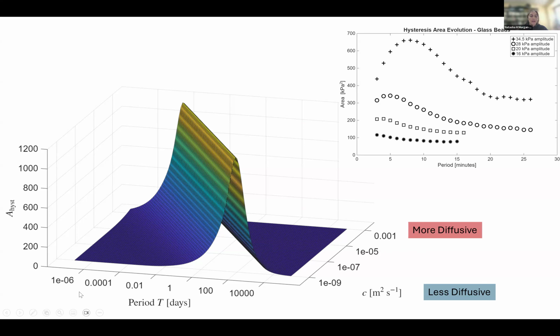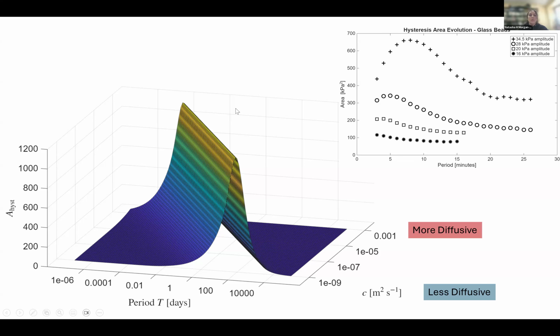On the x-axis, we have the period in days, going from very short, milliseconds, to long, hundreds of days time scales. And on the left-hand axis, we have the hysteresis area again, ranging from no area at all to about 1,200.